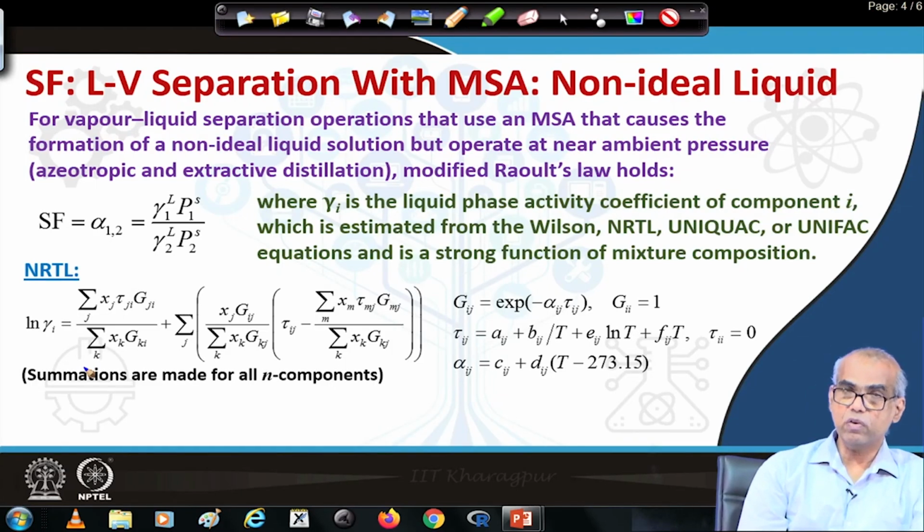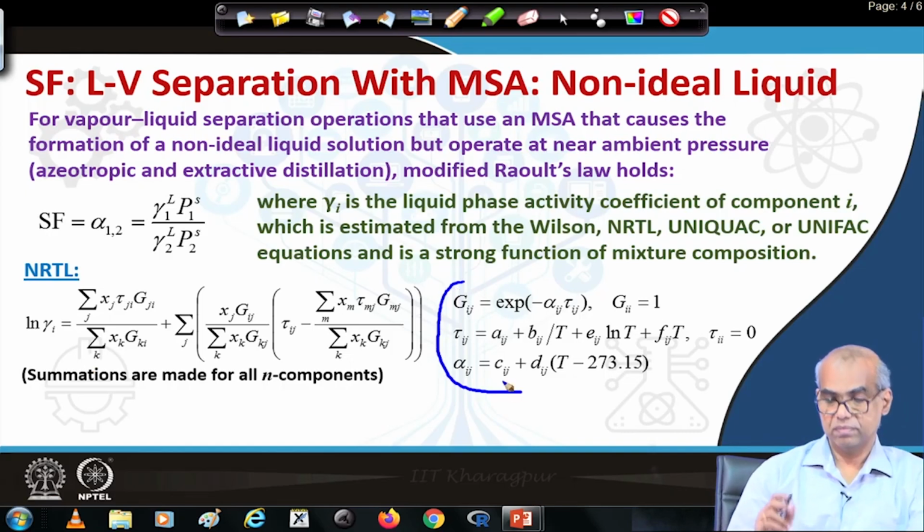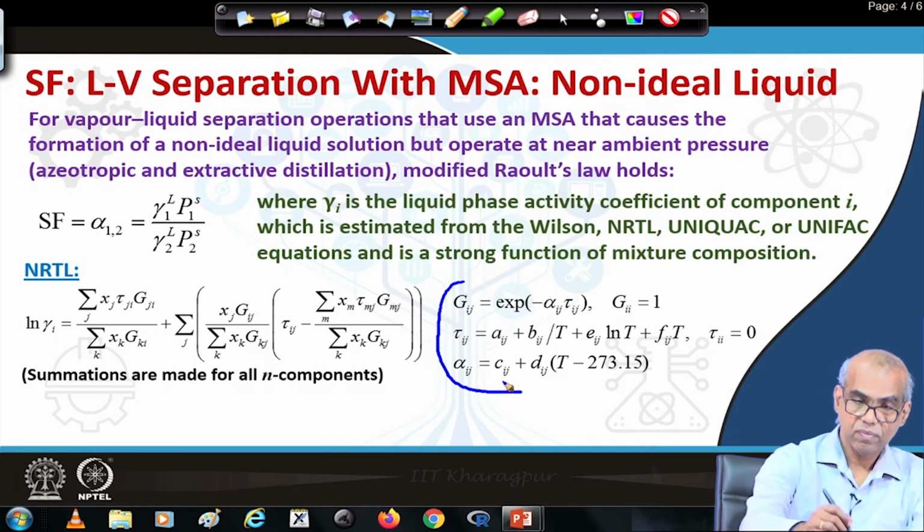Here x represents liquid phase mole fractions, gamma i represents liquid phase activity coefficient for component i, and then there are several binary parameters. The relationships are shown here.